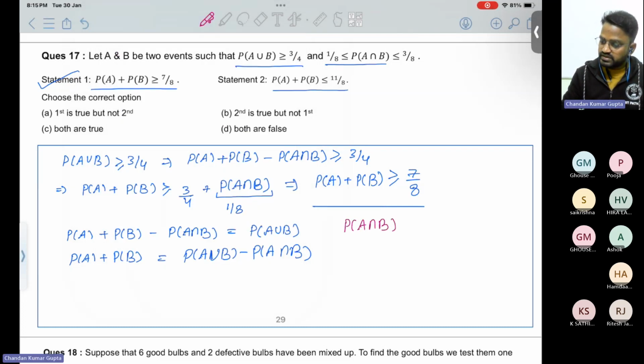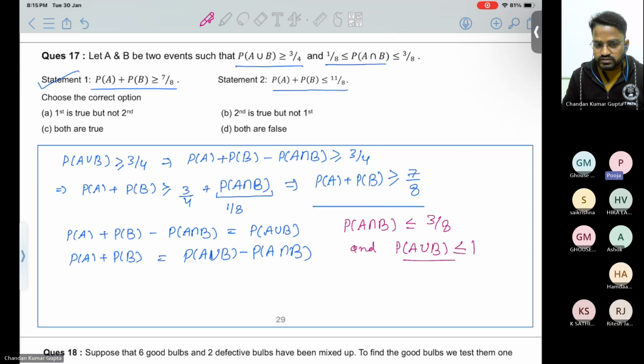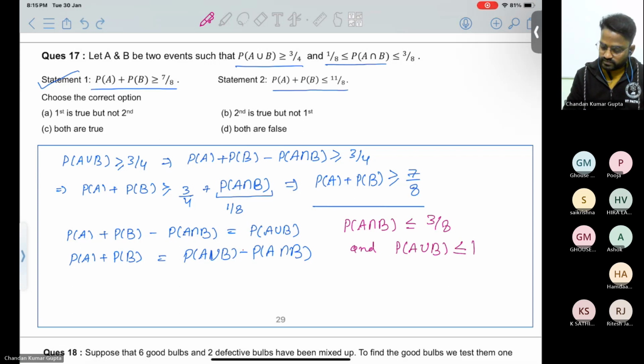probability of A intersection B is less than or equal to 3 by 8 when we consider this, and probability of A union B is less than or equal to 1. Yes, probability of A union B plus probability of A intersection B. Yes, this minus comes here as a plus. Okay, it is correct.